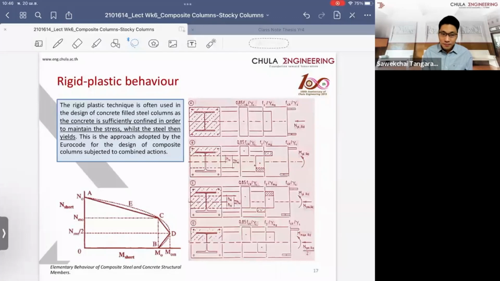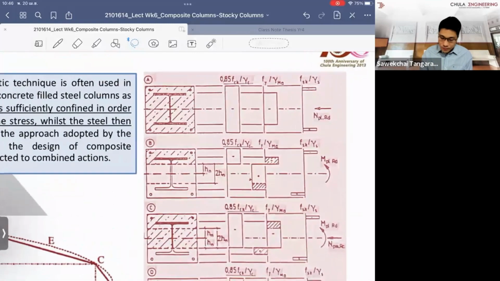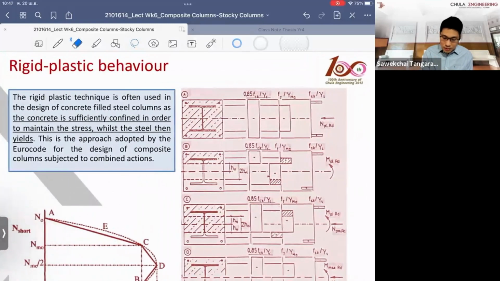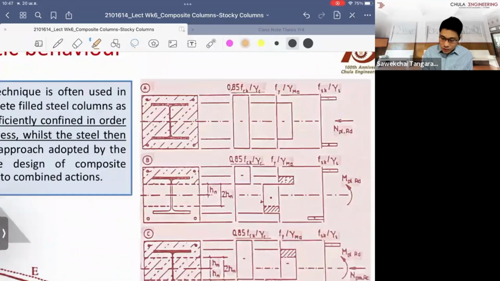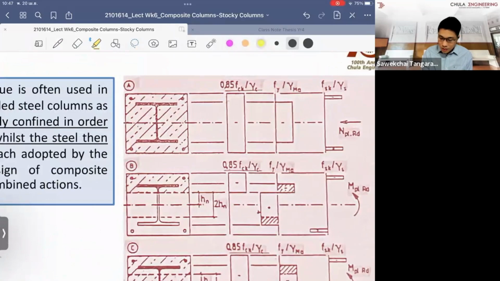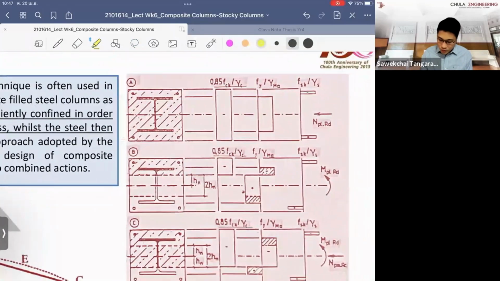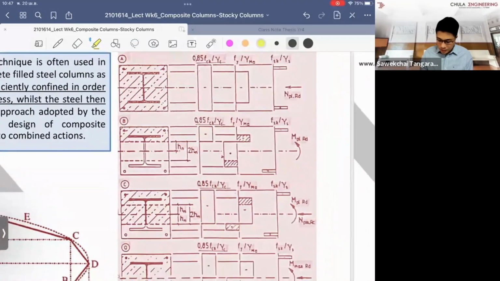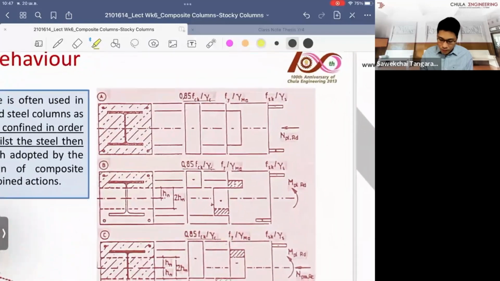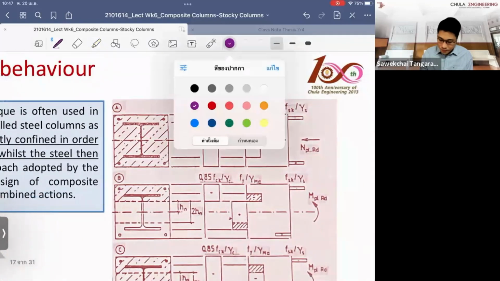Remember that? In the concept of rigid plastic, we still need to vary the level of the neutral axis. For example, have a look here at the stress diagrams. We have 3 components. Listen to me. Let me talk to you one by one.